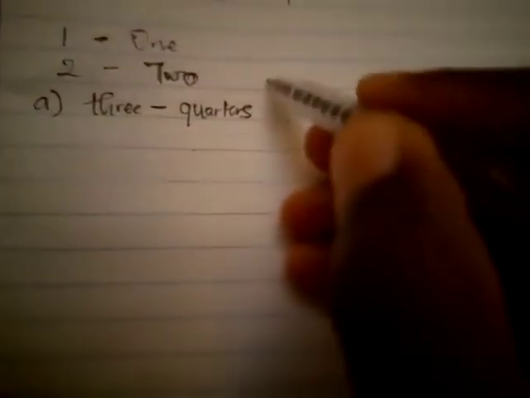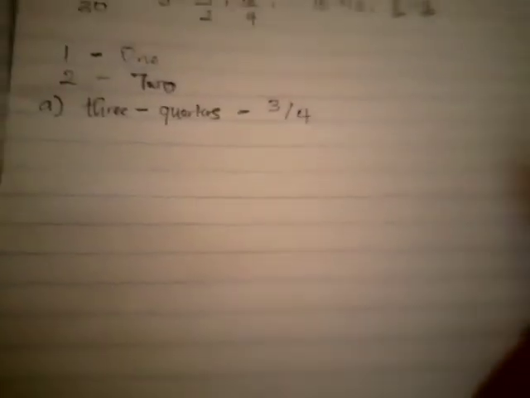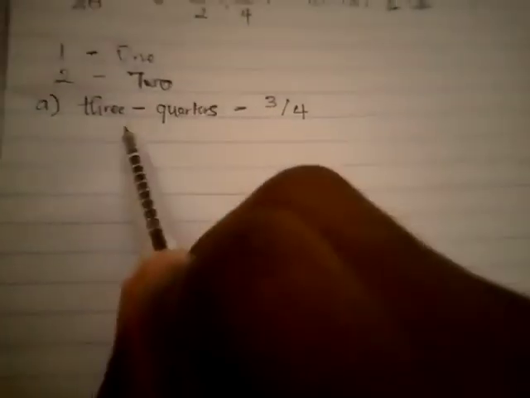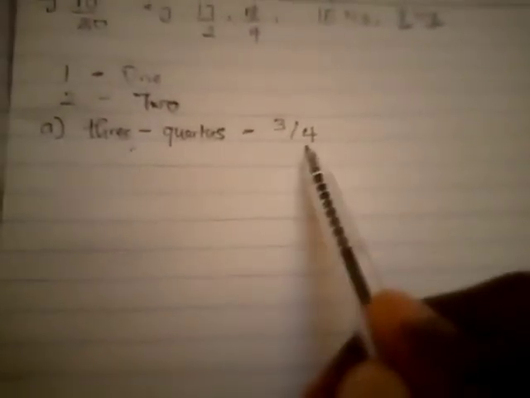When you hear 3, you know you are talking about 3. When you hear quarter, it is 4, or 4 parts of something. So our answer is 3/4. This is as simple as that.